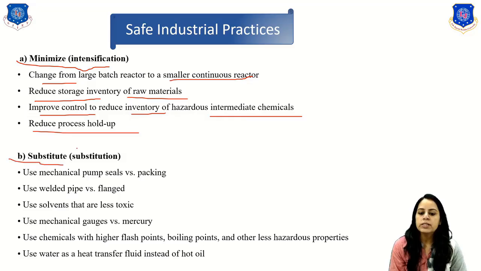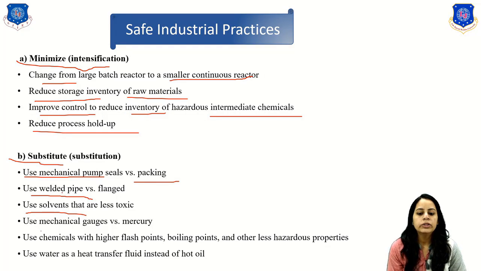The second one is substitute, which means substitution. Use a mechanical pump seal versus packing. Use welded pipe versus a flange. Use solvents that are less toxic. Use a mechanical gauge versus mercury.